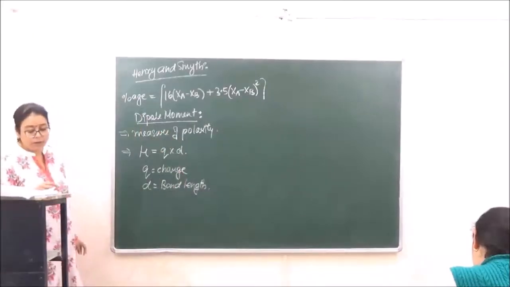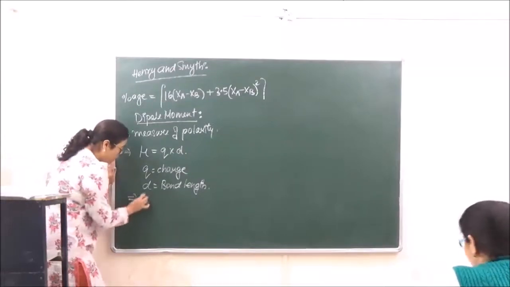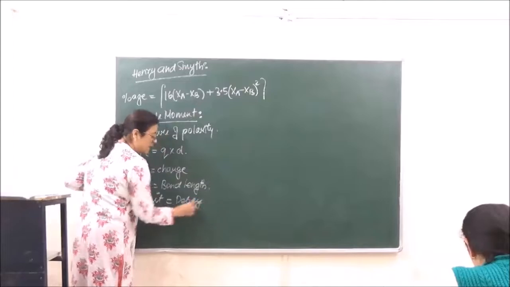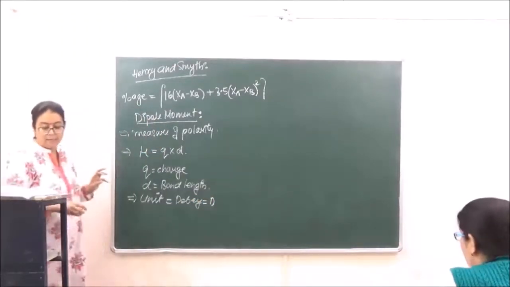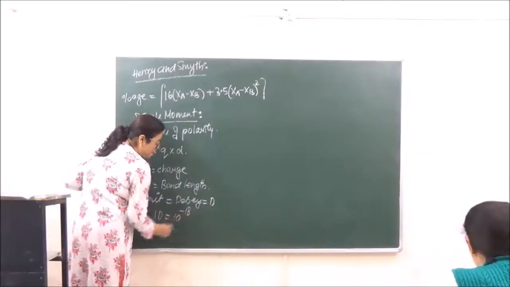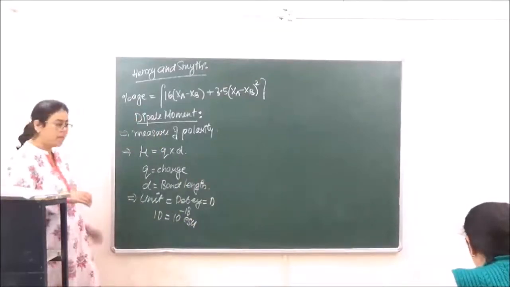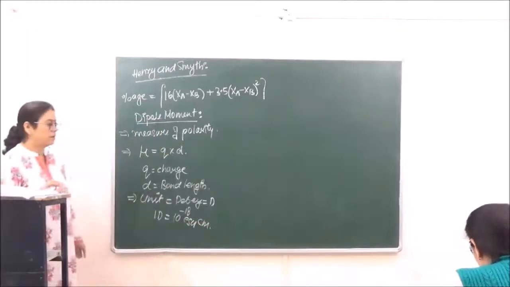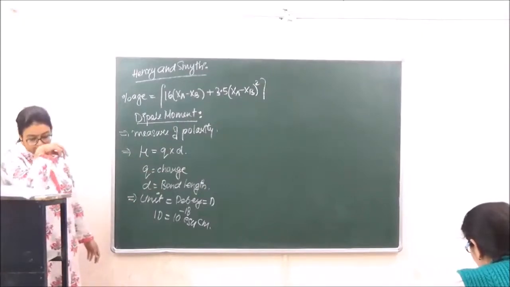Now generally the unit for dipole moment is Debye, represented by capital D. The value of 1 Debye is equal to 10 raised to power minus 18 electrostatic unit, ESU, and because we are also taking the bond length over here, centimeter. Right? Where electrostatic unit is the unit for charge and centimeter is the unit for length.